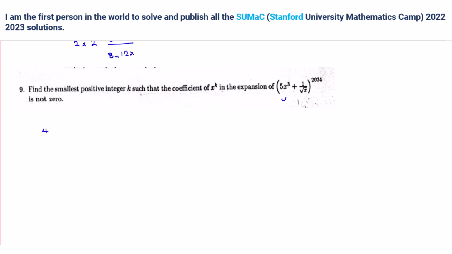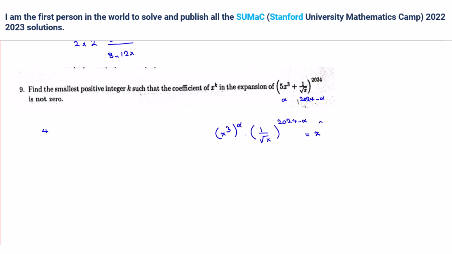So if you have alpha here, let me write alpha. For example, if we use alpha here, then from here we have 2024 minus alpha, right? Then it would be x cubed alpha times 1 over root x to the power of 2024 minus alpha, right? Yeah.